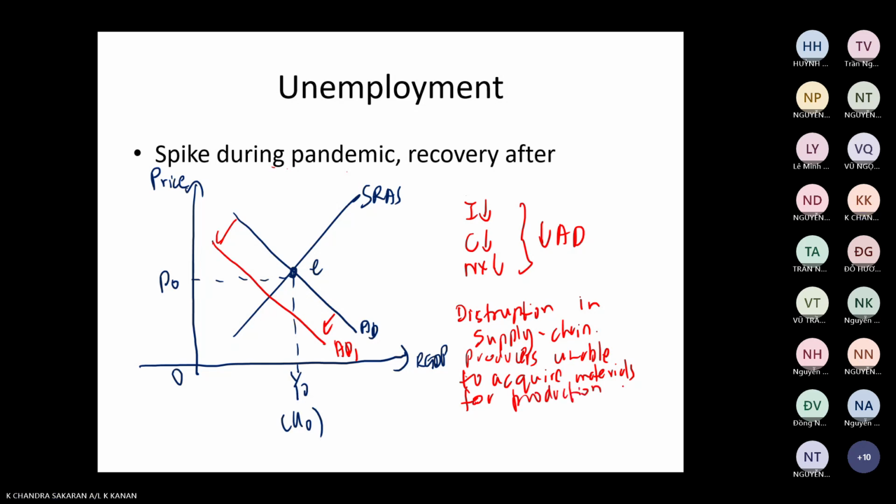Therefore, material costs go up. This increases the overall costs, which will reduce the short-run aggregate supply. So you show the short-run aggregate supply shifting to the left.